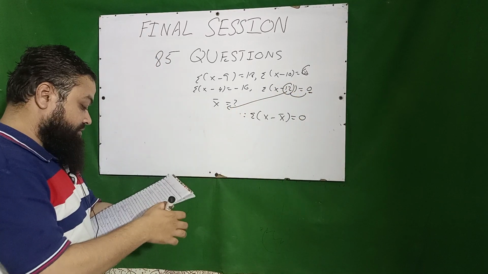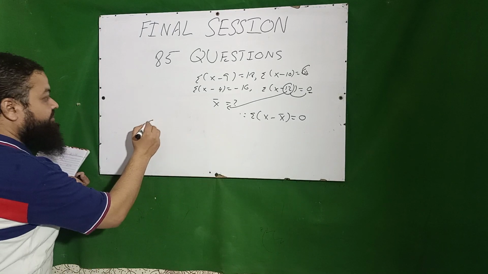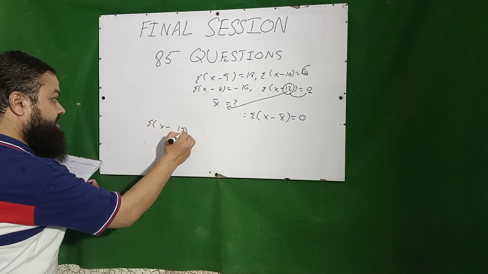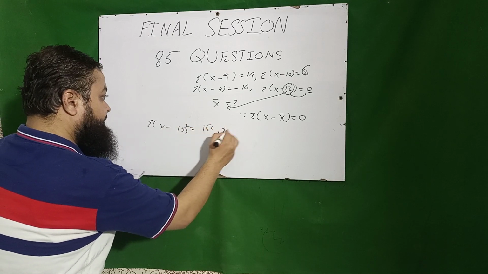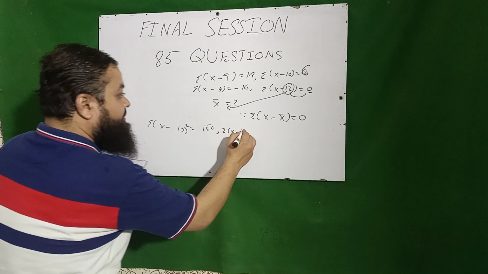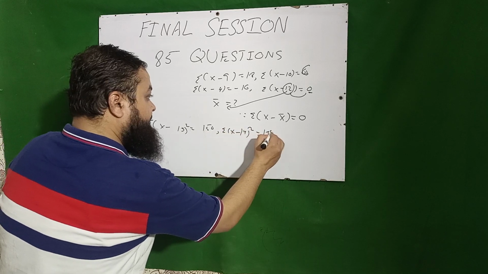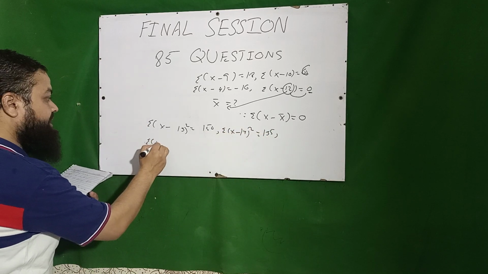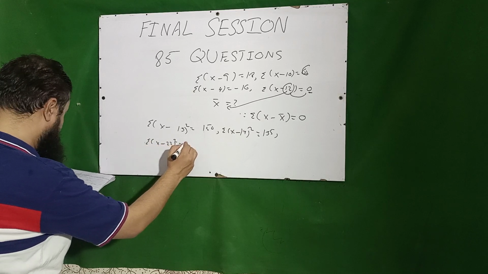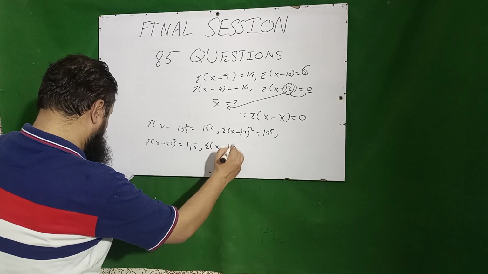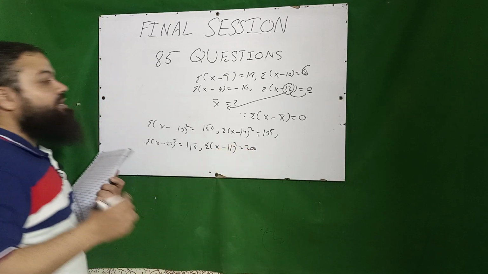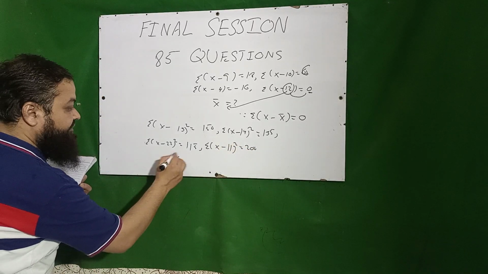A very important question. Next question: summation x minus 13 whole square is equal to 150. Summation x minus 14 whole square is equal to 135. Summation x minus 22 whole square is equal to 115. Summation x minus 11 whole square is equal to 200. What is the value of x bar?